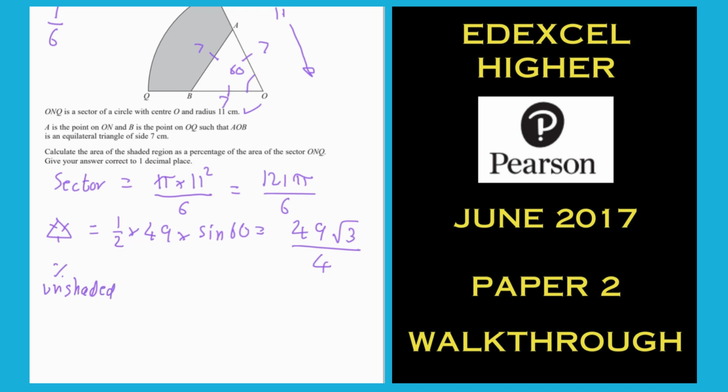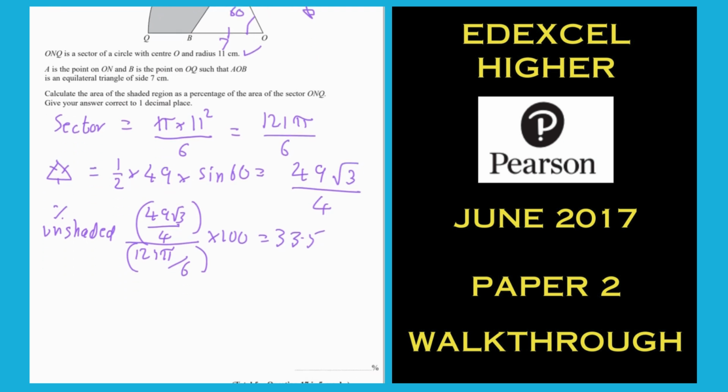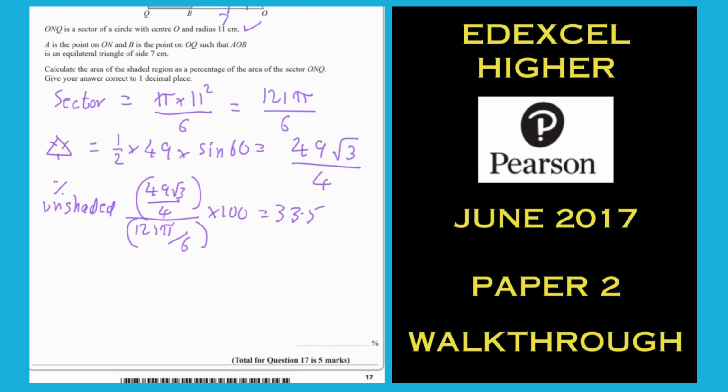So the percentage unshaded is the amount which is not shaded divided by the total area. Be careful with your calcs, stick extra brackets in if you need, but when you times it by 100, you should get 33.5 etc. %, which, if you take that away from 100, it means the amount shaded is 66.5.